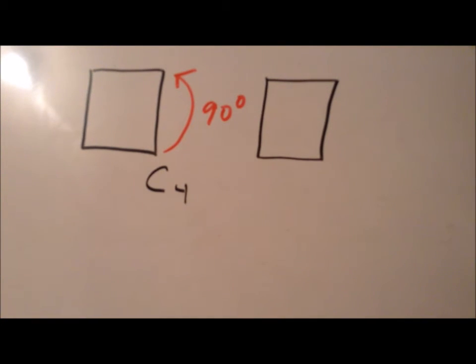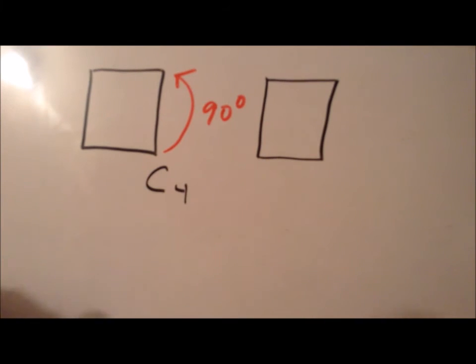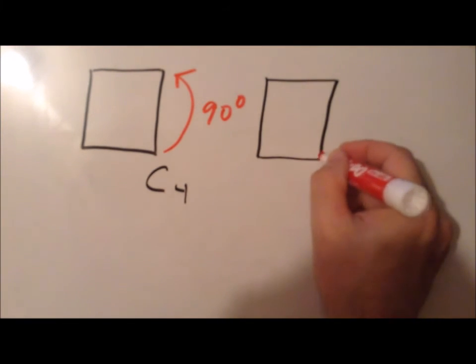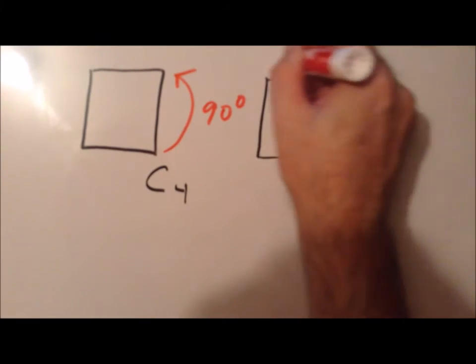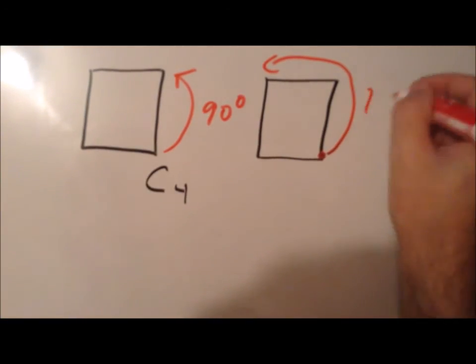Now we also notice that if we take a square, we can rotate it by 180 degrees. So, for example, 180 degrees would rotate from here to there. So it would be a half of a turn. This is 180 degrees.